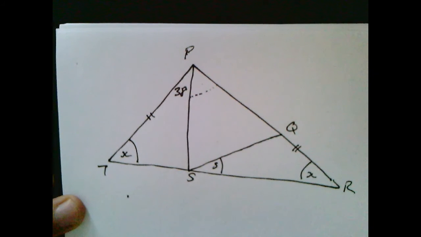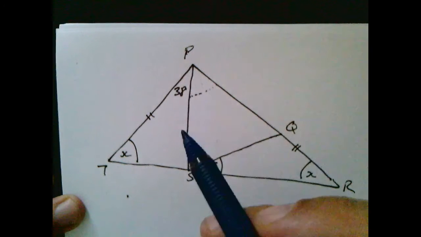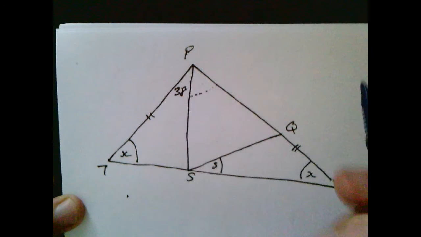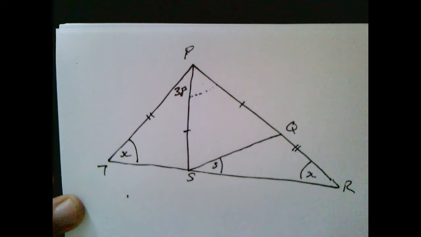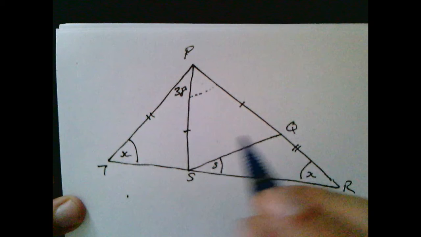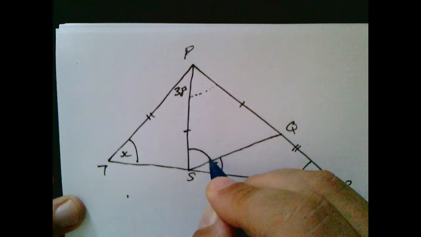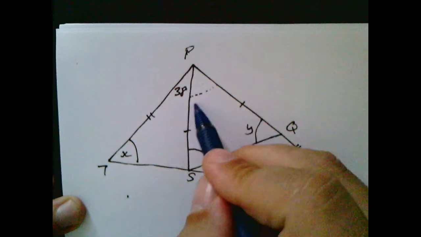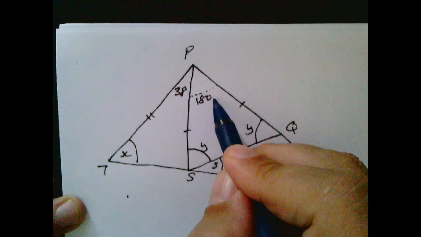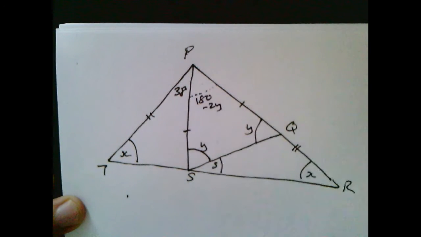And we're also told that PS is PQ. So another isosceles, PS is PQ, which means that's y, and that's 180 minus 2y.